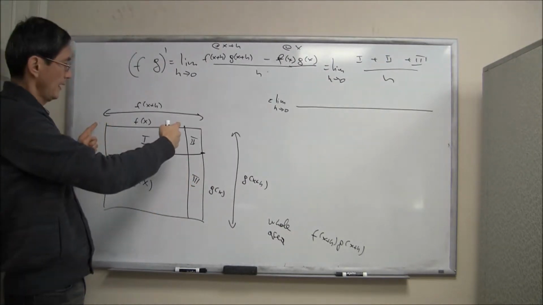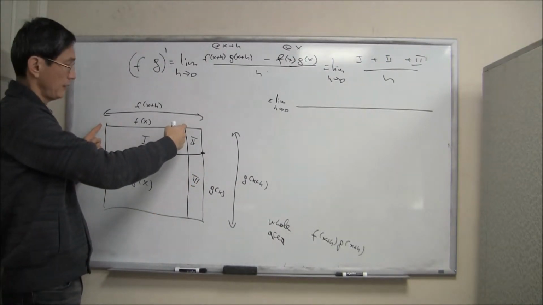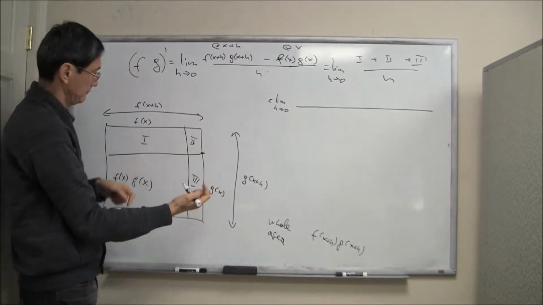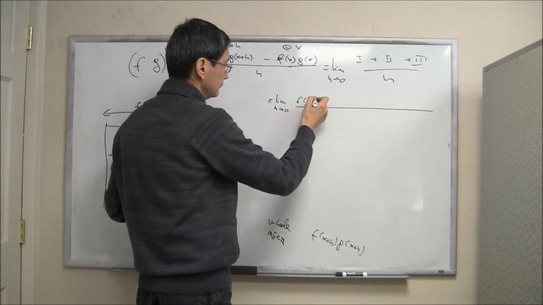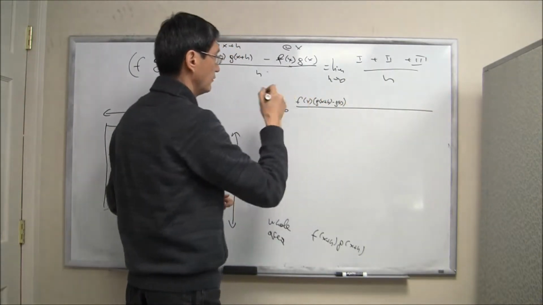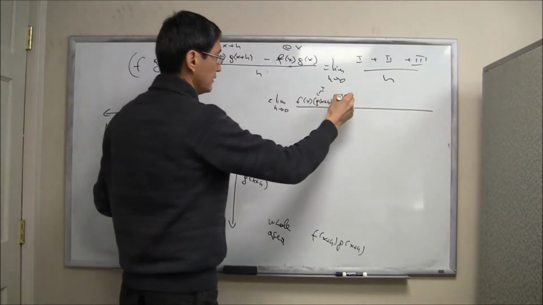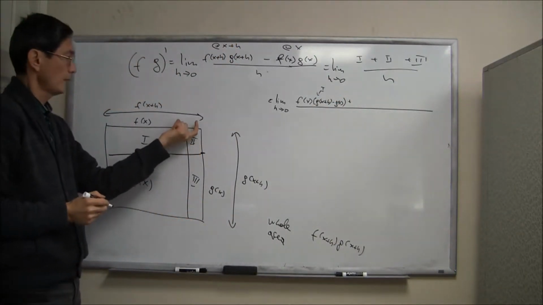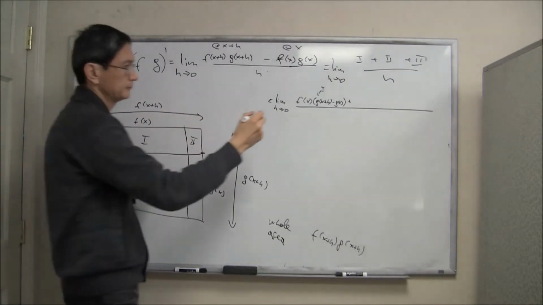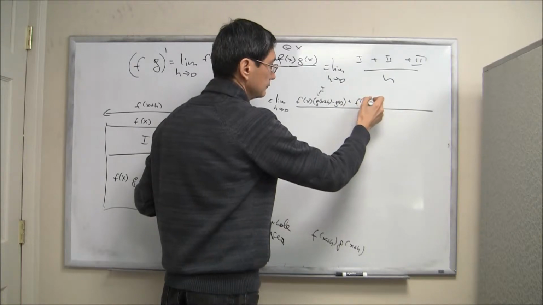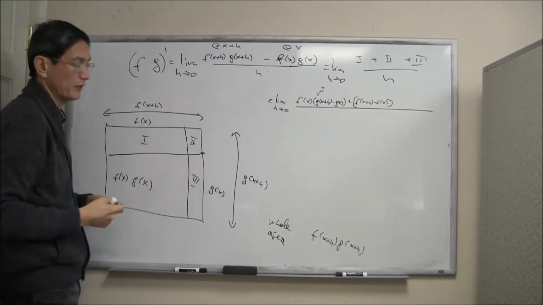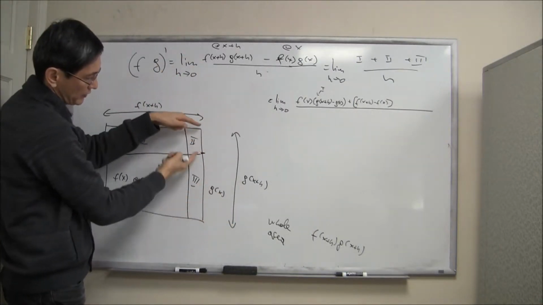First piece: the length is f of x, and the height is g of x plus h minus g of x. That's piece 1. Plus, now piece 2: this length is f of x plus h minus f of x, and its height, as we did in the previous case, is g of x plus h minus g of x.